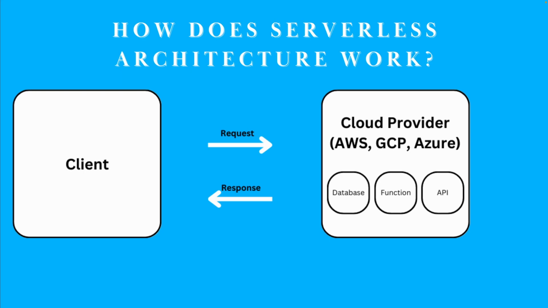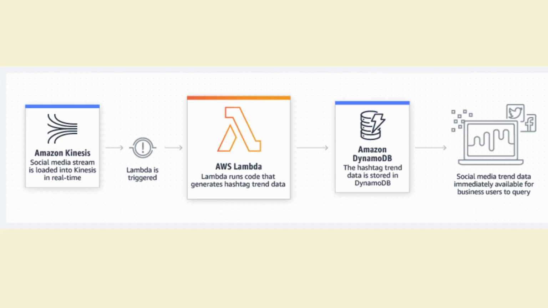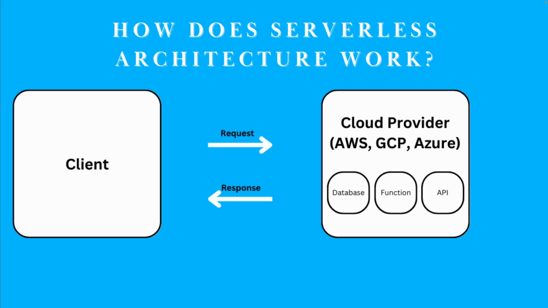Each function will perform a task when triggered by events such as uploading to a database or even an HTTP request. After testing, engineers can then deploy these functions along with the triggers to a cloud provider, and when a function is invoked, the cloud provider will either execute the function on a running server, or if there's no server currently running, it spins up a new server to execute the function. So that's a powerful tool that's being used a lot in serverless architecture.